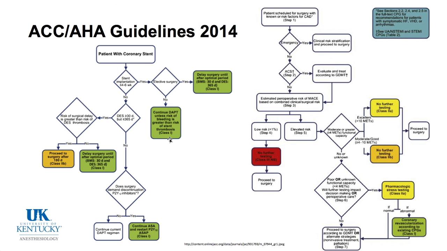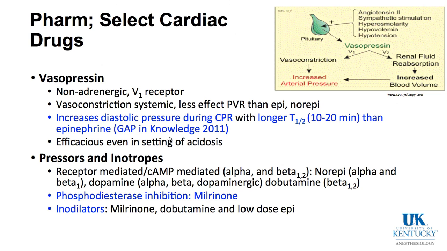So the take-home message from coronary stents is know the difference between bare metal, 30 days, and drug-eluting stent, 365 days, a year, and that you can follow the ACC/AHA guidelines if they are somewhere in between, with fewer days than that. Let's finish up now with some select cardiac drugs and just a couple other topics.